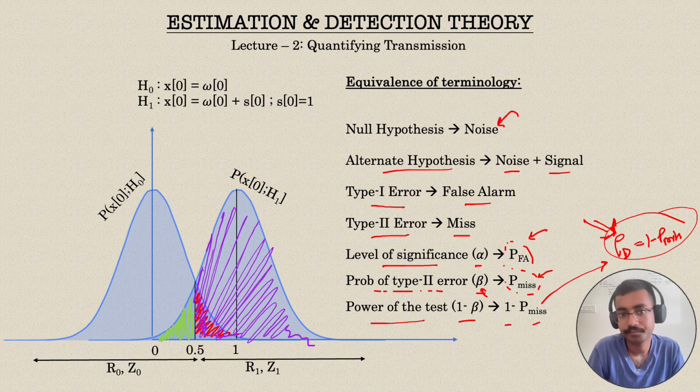How is this done? It is shifted by one simply because we have the simplest situation where we have Gaussian noise, and we have the signal as a DC signal of one unit. It can be voltage, it can be current, whatever that is.